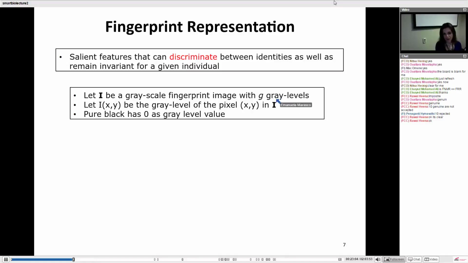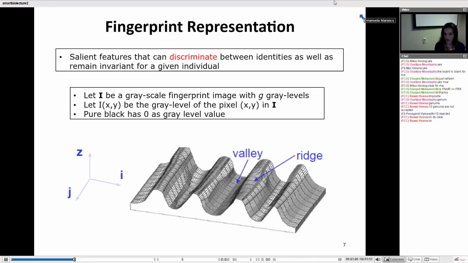It was from 0 to 255, right? So 256 possible values for the level. And of course, black is represented by 0. And then at each pixel, the image represents the intensity of that pixel. So this is just a summary of what we said yesterday.